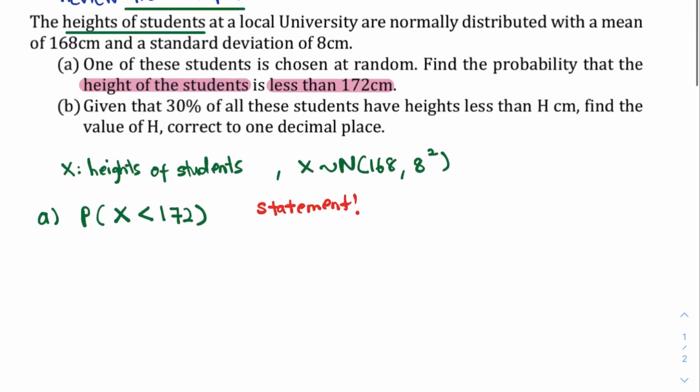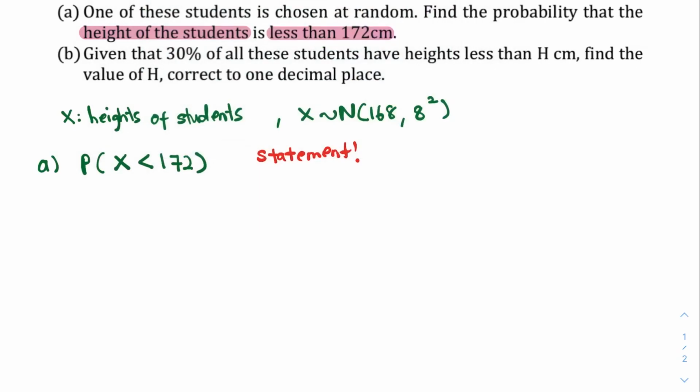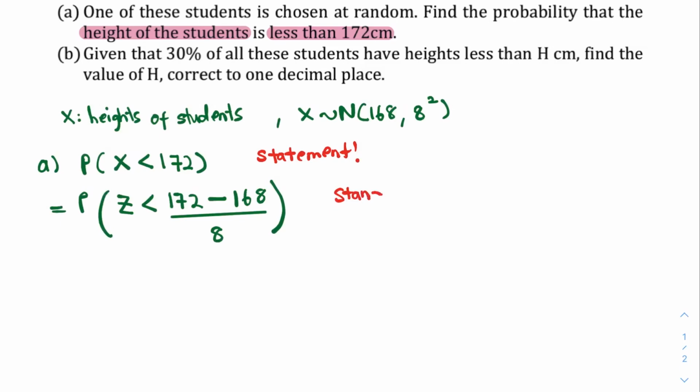Okay, write it down. And then the second step is you need to change to Z by using the standard score. So P(Z less than (172 minus mu) over sigma), where mu is 168, sigma is 8. Okay, so this is usually called standardizing.